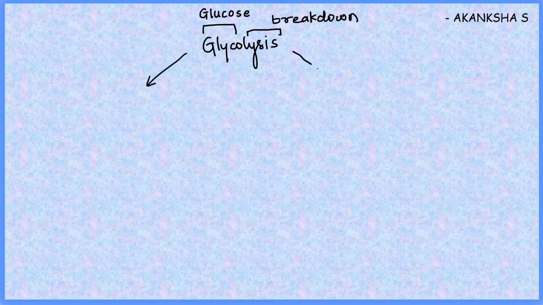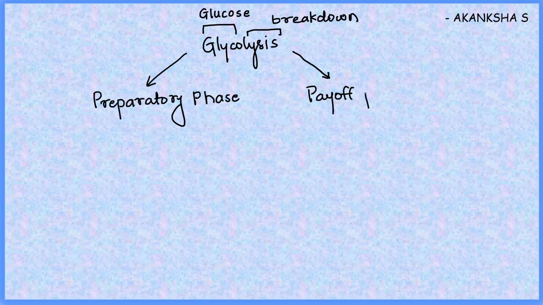We call them the first phase and the second phase. The first phase is called the preparatory phase, where you're going to prepare your glucose molecule for breakdown. And the second section is called the payoff phase, where you're going to generate ATP out of glucose.